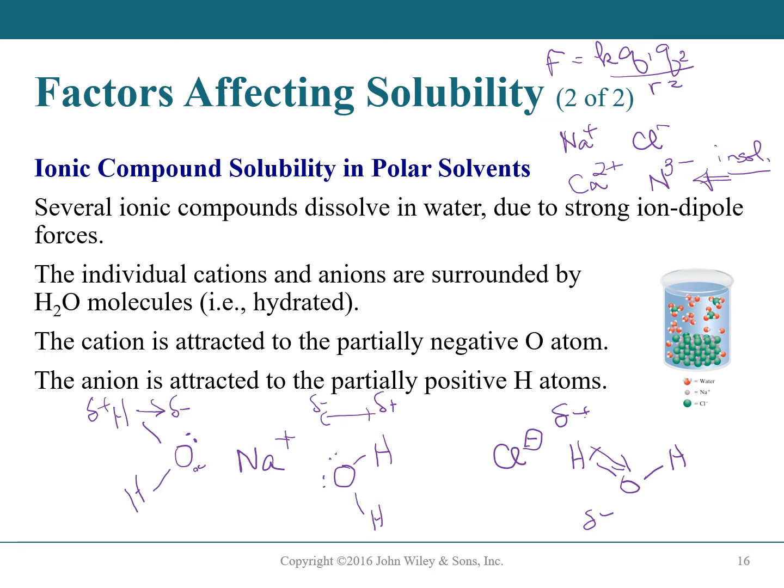Phosphate, that's a -3 charge. Carbonate, that's a -2 charge. So the higher charged ions tend to be less soluble. Like I say, it's a rule of thumb. It's not going to be 100% or even 90% as some of the other types of patterns we see, but it is definitely a pattern.